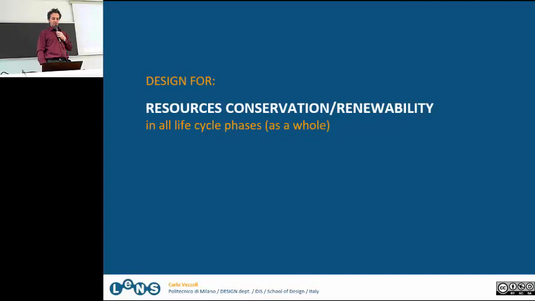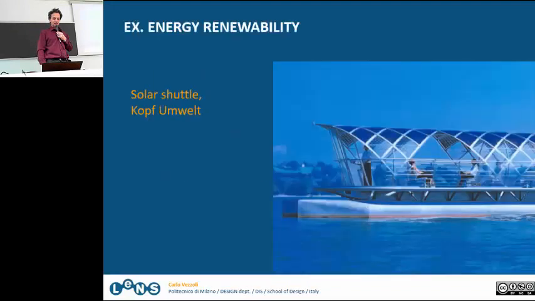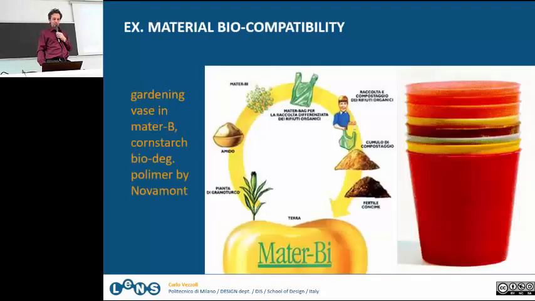And design for resource conservation and renewability, again, could be in terms of material and energy. There are several examples, but just to give you an idea, this is a shuttle that has some solar panel on the roof, so that it's moving with the electricity that is delivered by the solar panel into the electric engine that is then moving the shuttle.